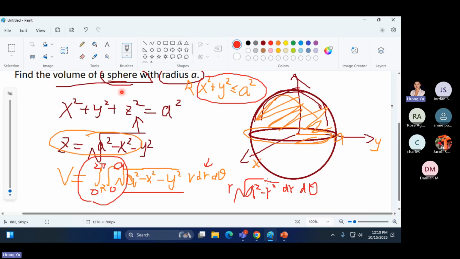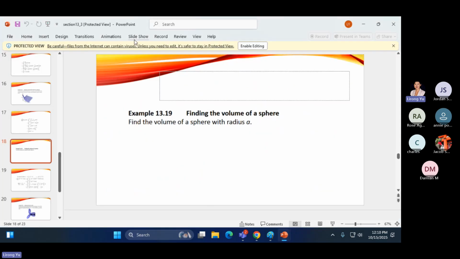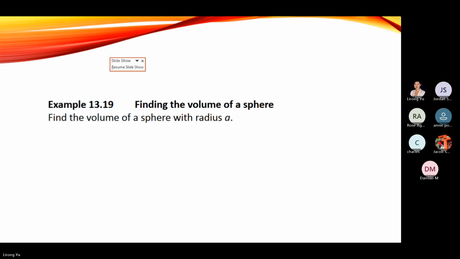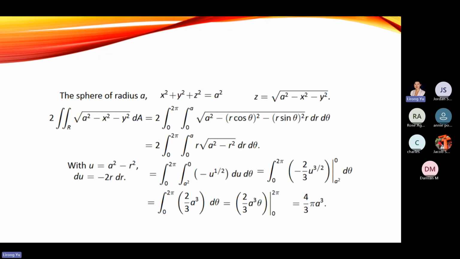So that was just to explain how we come up with the integration formula and the integration limits. Here, x squared plus y squared plus z squared equals a squared, that's our surface. From the equation of the surface, we can represent the z value. But in this original equation for the sphere, z could be positive or negative.